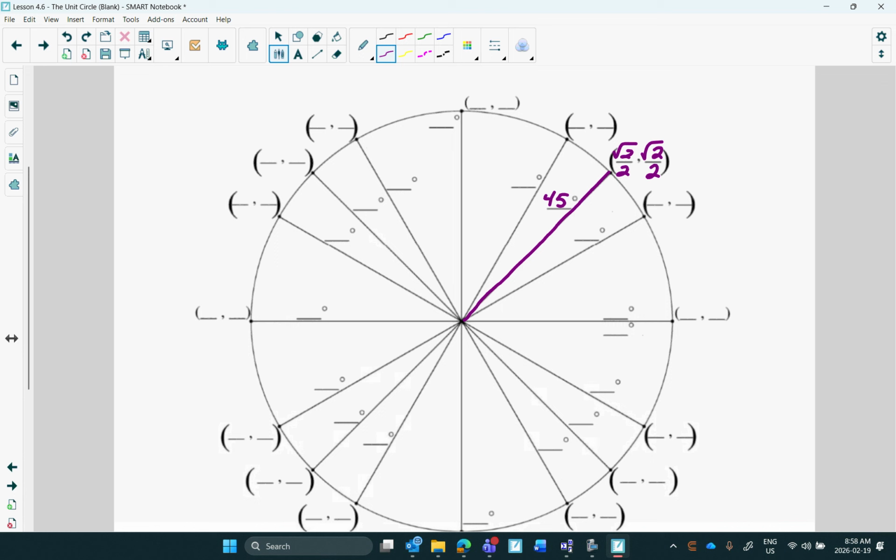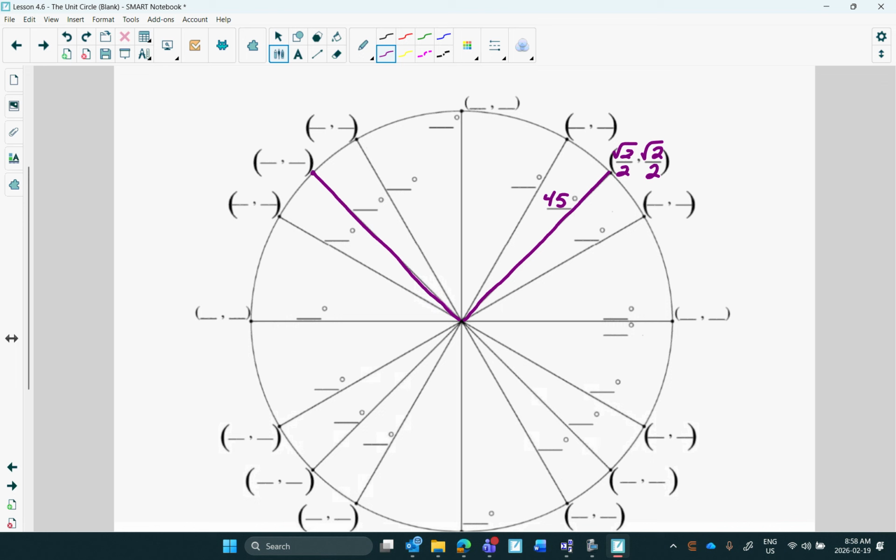Now, a family member of 45 degrees in the second quadrant goes out in the middle. What angle is that? How would you find it? 360 minus 45? All the way around minus 45? If we did 360 minus 45, I'm down here.